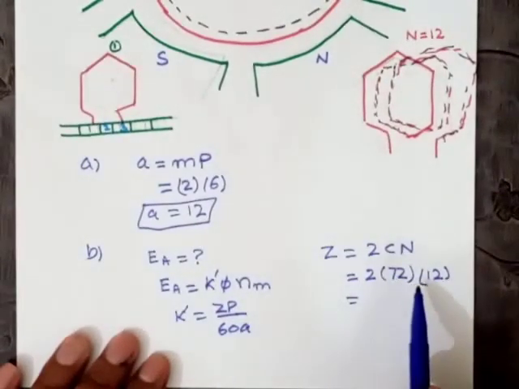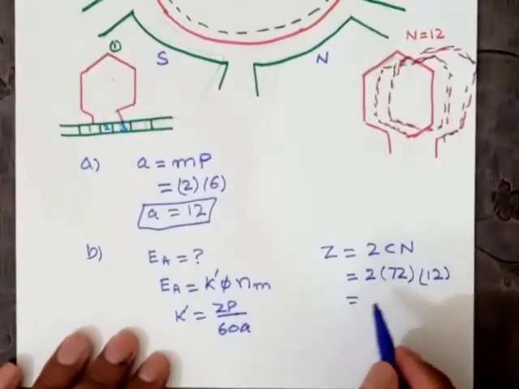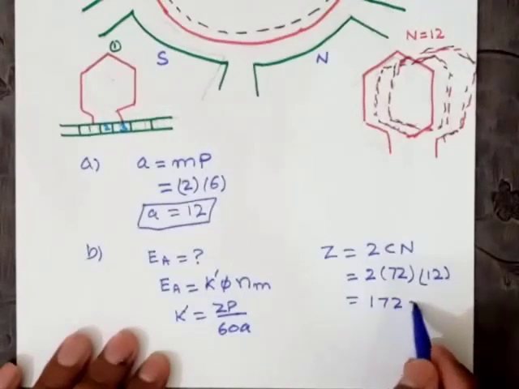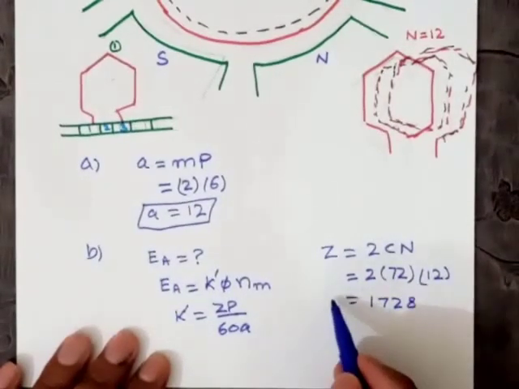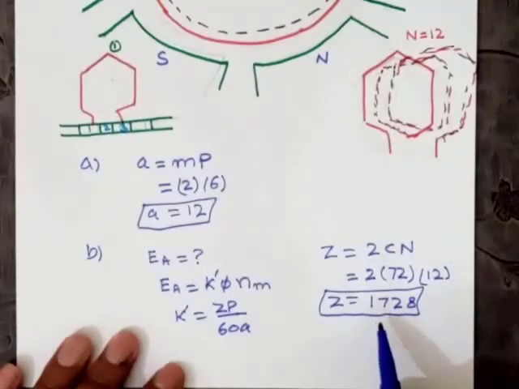Multiplied by 2, 72 and 12, we get 1728 conductors. The total number of conductors in this particular problem are 1728.